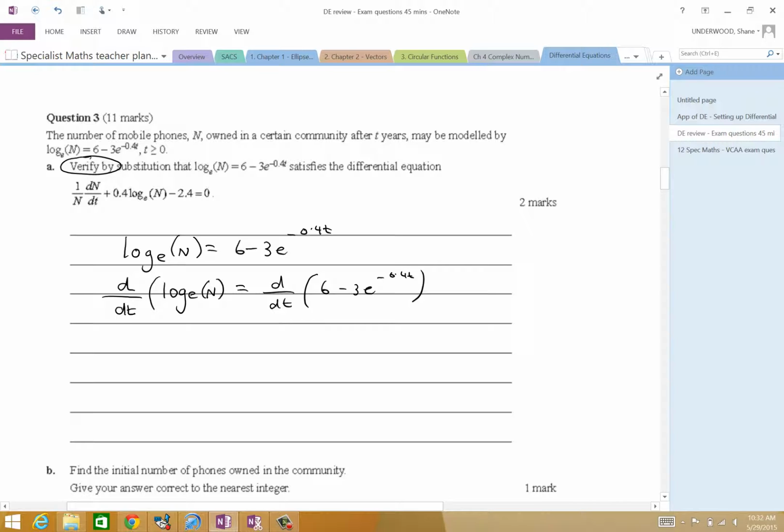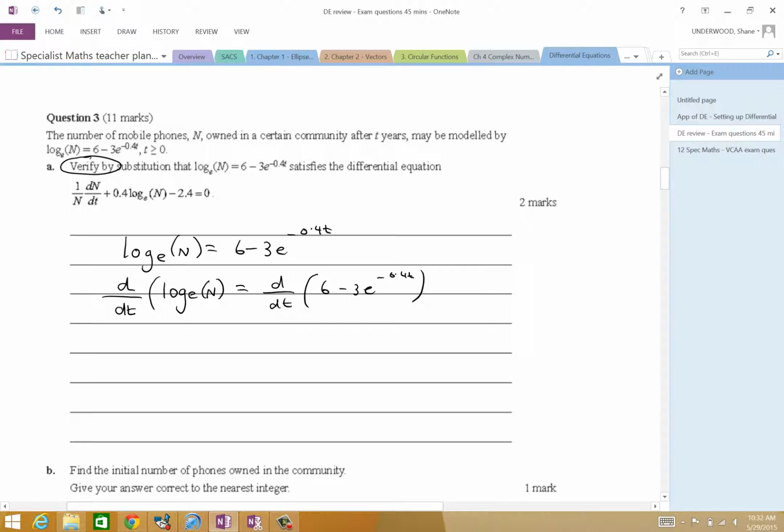Now, if I derive the left-hand side with respect to t, what does that give you? Let's pretend that t is x, and let's pretend that n is y. What is the derivative with respect to x of log e of y? 1 on y. 1 on y, y dash, isn't it?